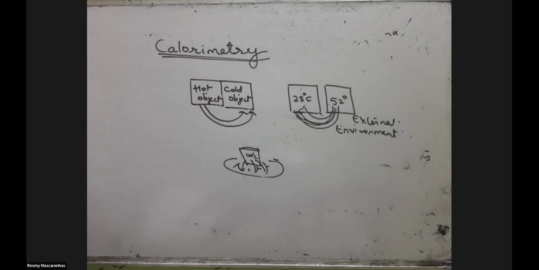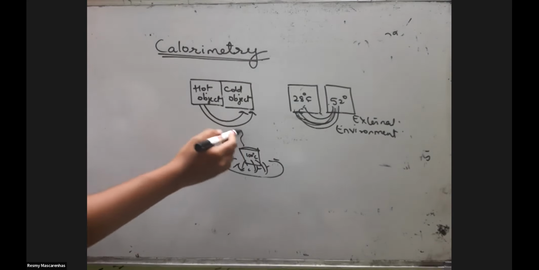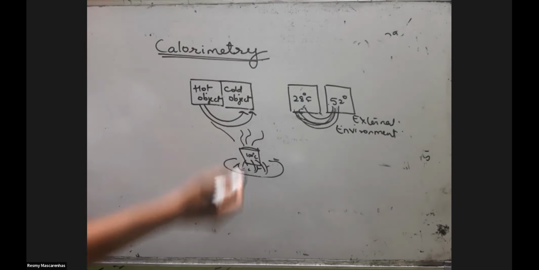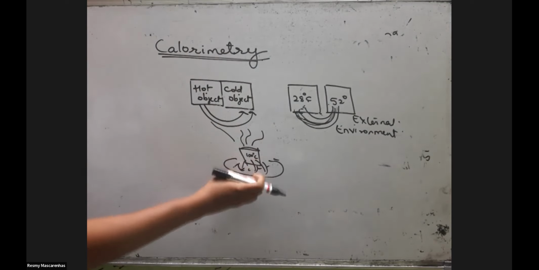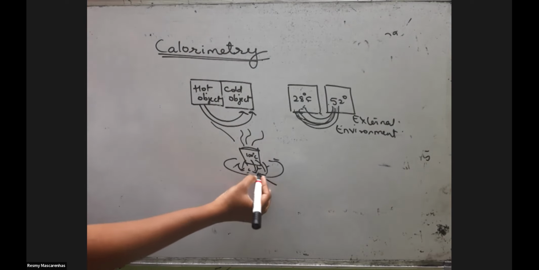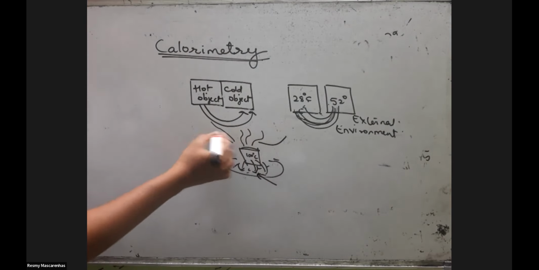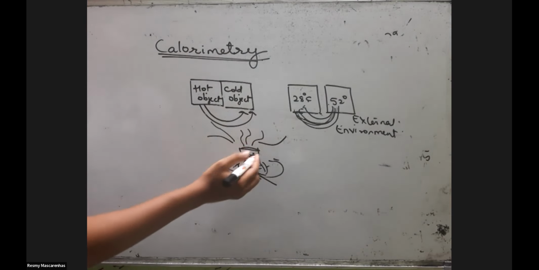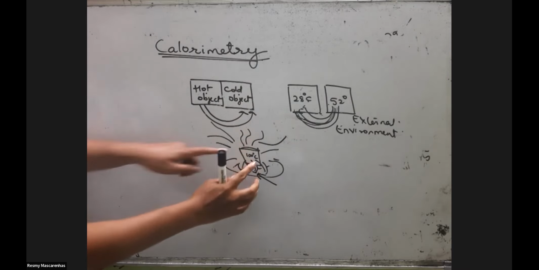No. Because some of the heat has gone out also. So based on how much heat the water has absorbed, you cannot calculate it, because some has gone external. You have to make sure that whatever you calculate is how much heat it has given out.